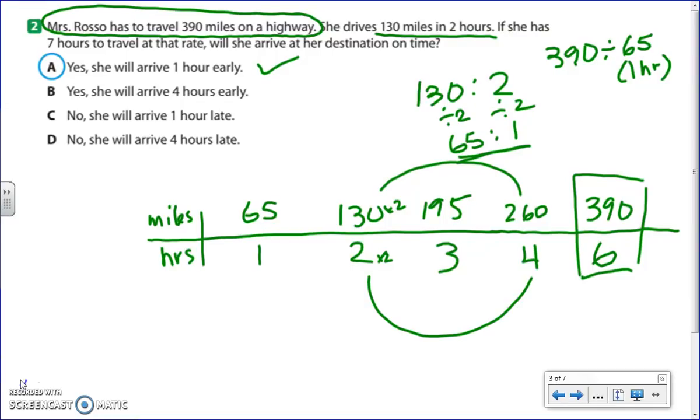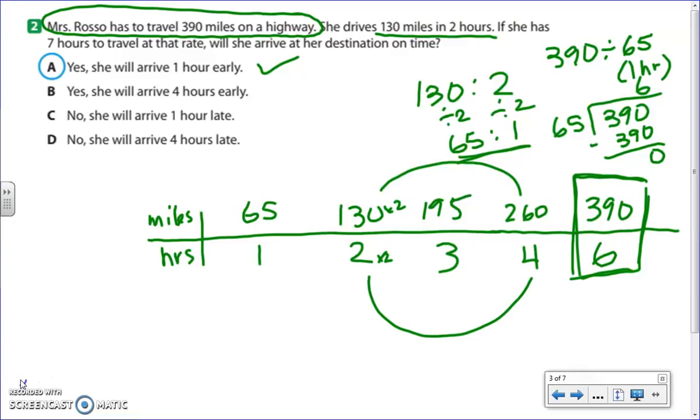So this, unfortunately, is not going to be a very fun long division problem, and so this is part of the reason why we learn several different ways. When I divide 390 by 65, I know that it'll go in 6 times, and that just so happens to be exact. And I knew that already because I already found it in my chart. So a long division problem like that wouldn't necessarily be that beneficial to use the unit rate for.